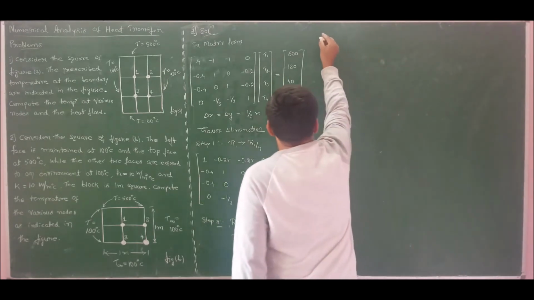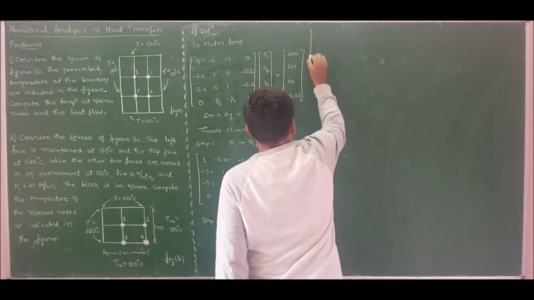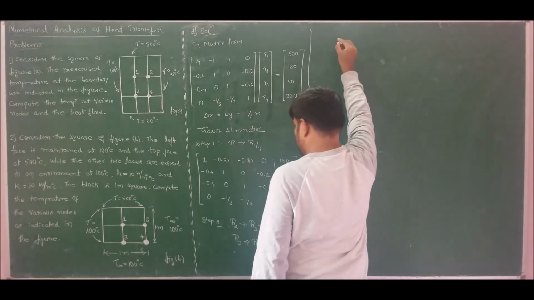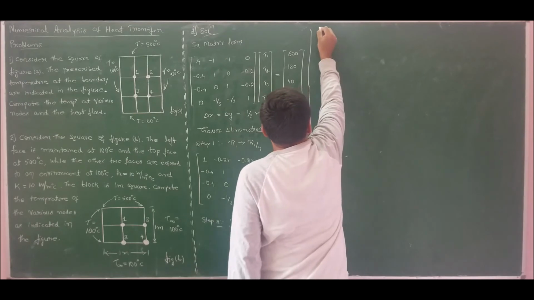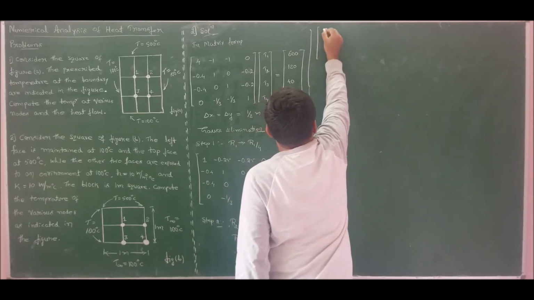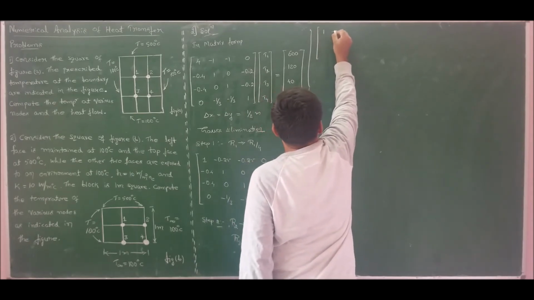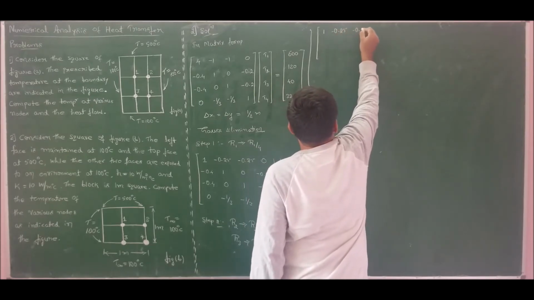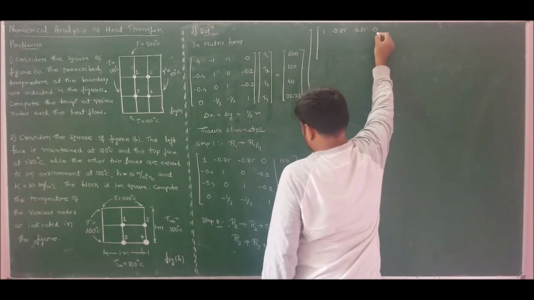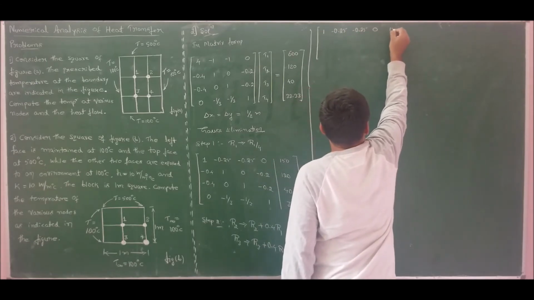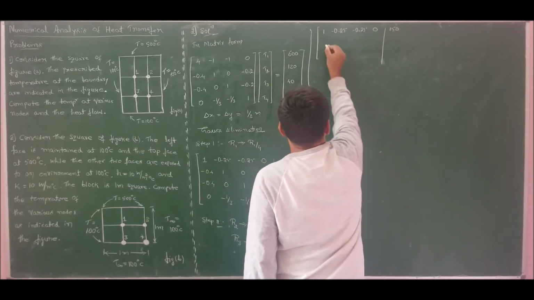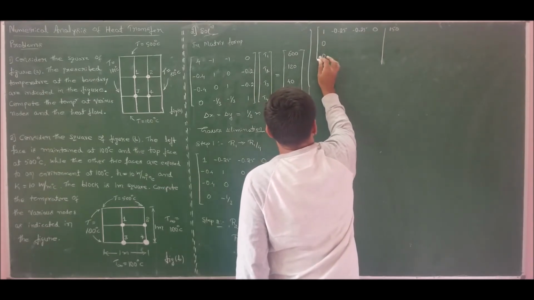So if I perform the operation, I will get row 1 remains the same, it is 1, minus 0.25, minus 0.25, 0 and 150.